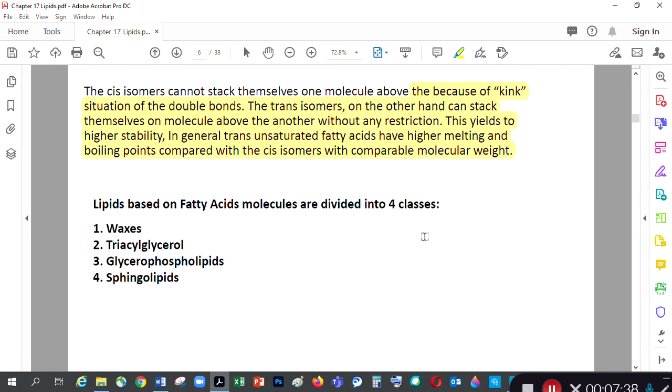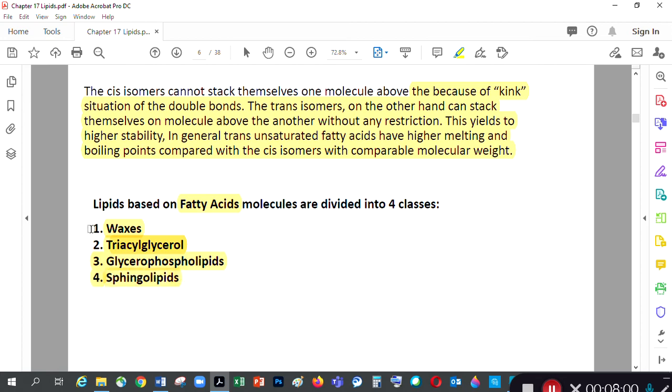So the lipids based on the fatty acids can be divided into 4 classes. Waxes, okay, so this is waxes, triacylglycerol, glycerophospholipids, and sphingolipids. So we have how many?